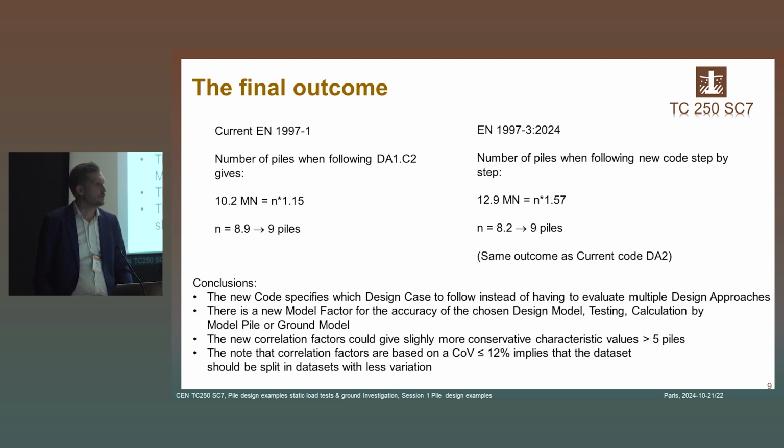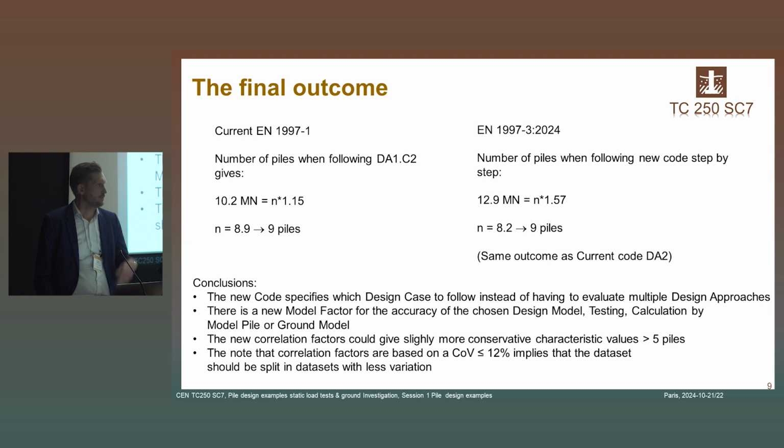So the conclusion with regards to this simplified example is that the new code specifies which design case to follow, so you don't have to evaluate multiple design approaches. Even more important, because those choices were already made by countries, it's easier to compare between countries.